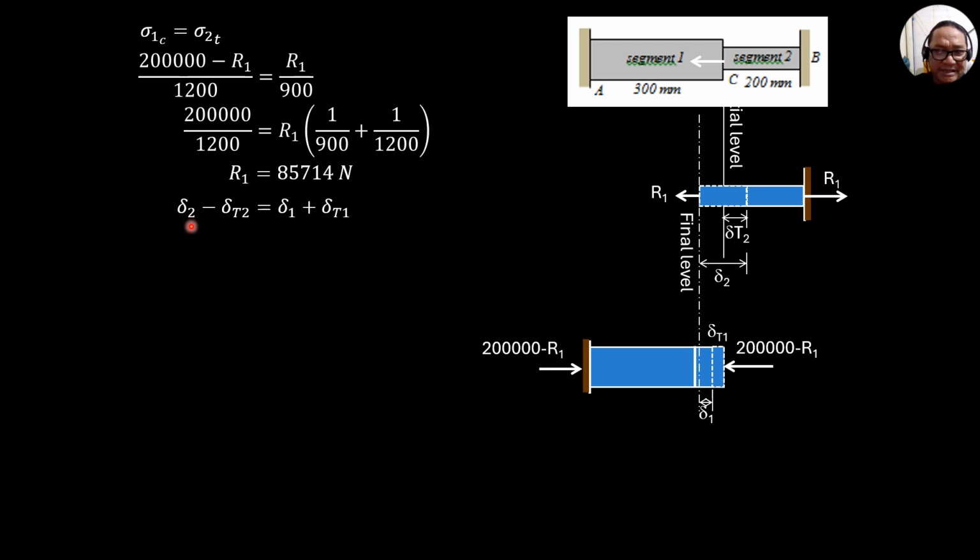So delta 2 is the force in segment 2, which is R1, times length 200 over area times E. Then this is the coefficient of thermal expansion of segment 2, 23 something, times length, times delta T.